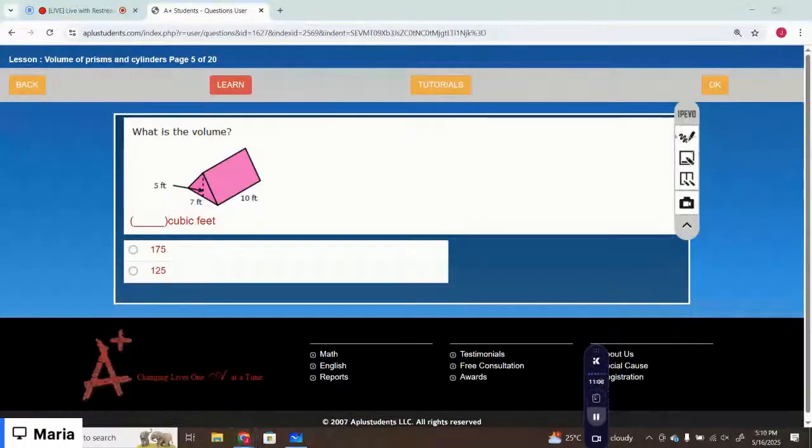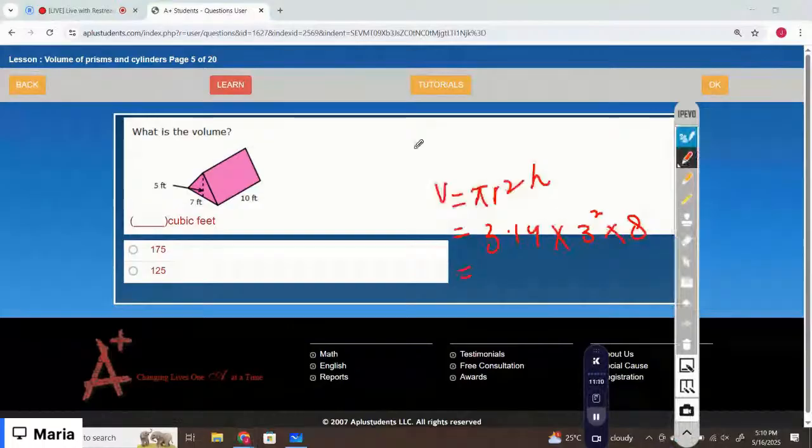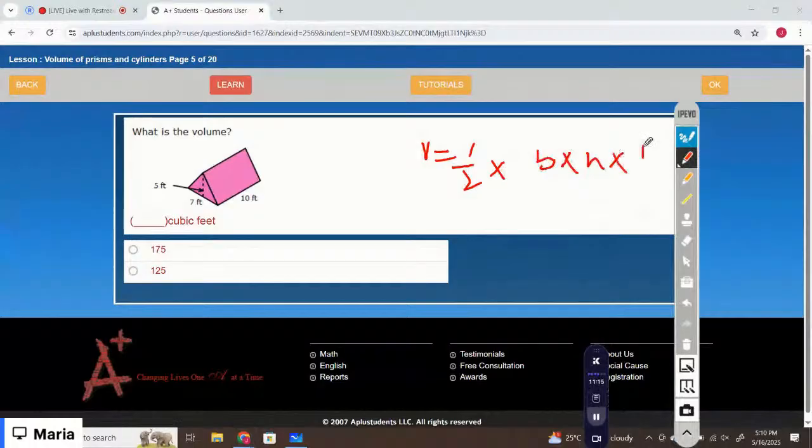So that is 1 by 2 times base times height times length.